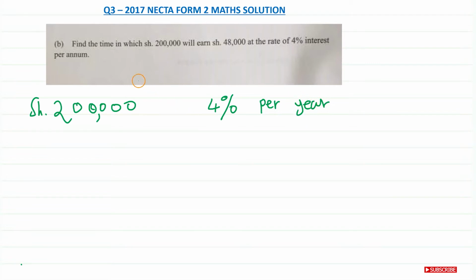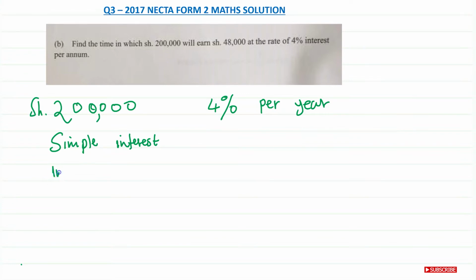Now, because the question doesn't tell us if it is compound interest or simple interest that is going to be earned, I'm going to assume this is simple interest. So I'm going to write down here simple interest. What does that mean? It means the interest that you earn every year stays the same. It does not change.